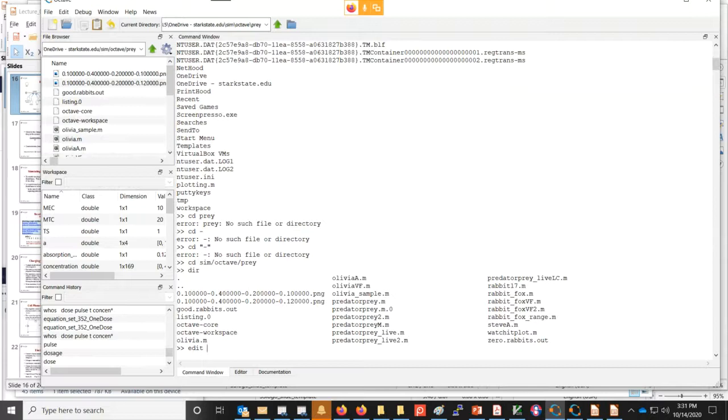All right, so what I wanted to do was this rabbit and fox, this predator-prey model. I've got so many of these now, I don't remember which one's which, but let me try this one and see what it looks like.